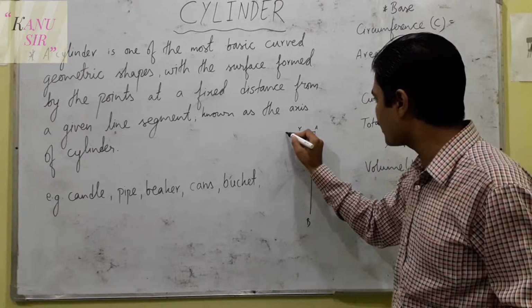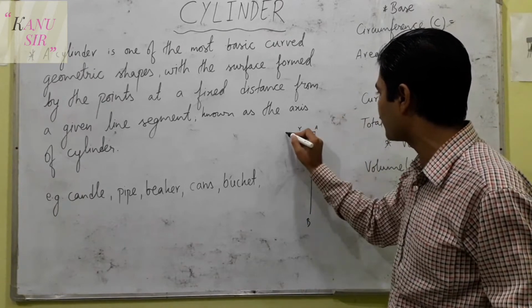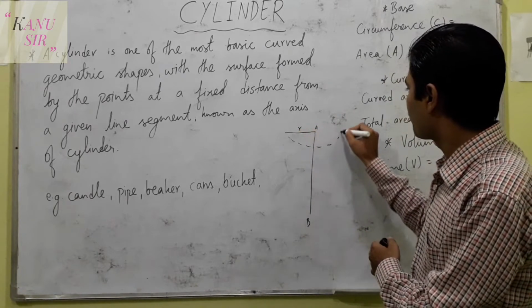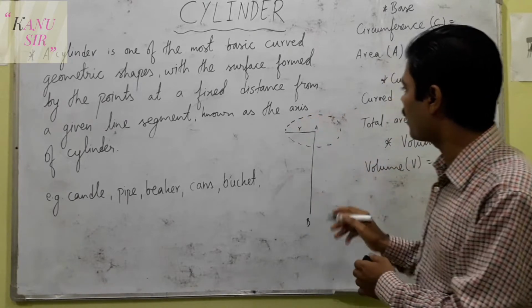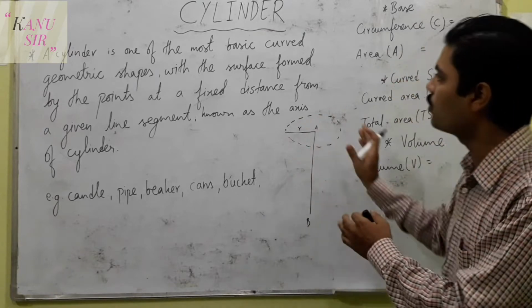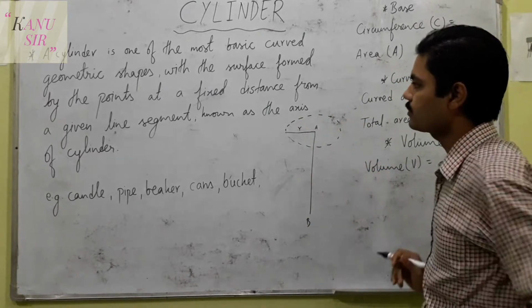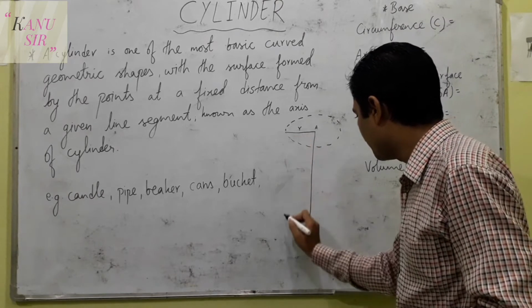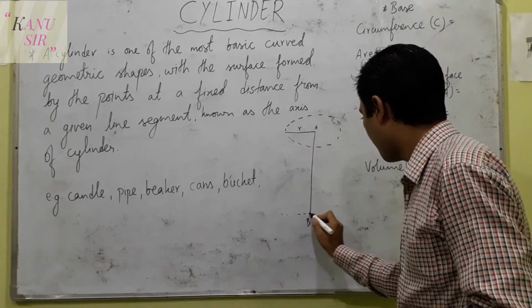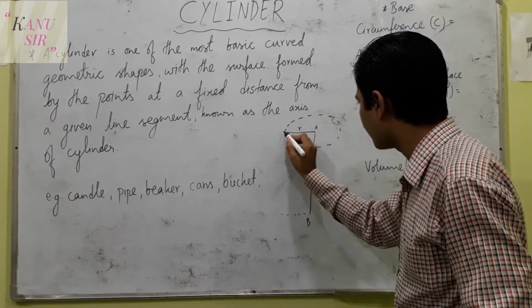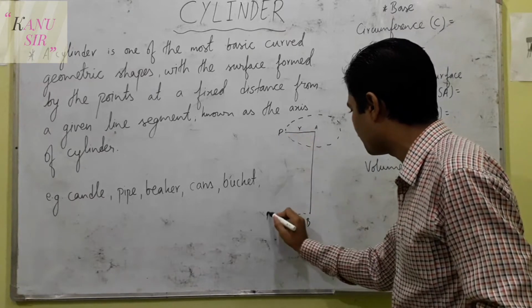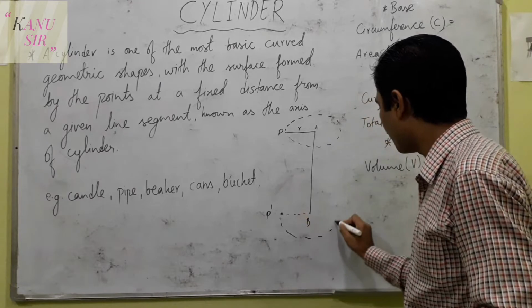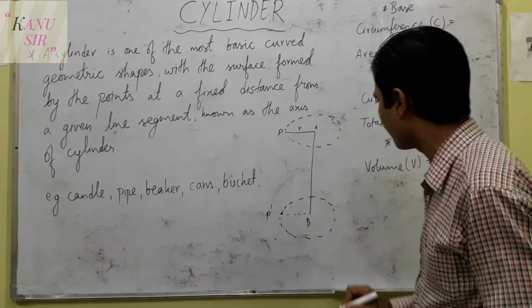If this point rotates around the line segment at this fixed distance, then the point will make a circular path around the line segment. Similarly, there will be another point, P dash, at a similar distance, and it will also rotate around the line segment.